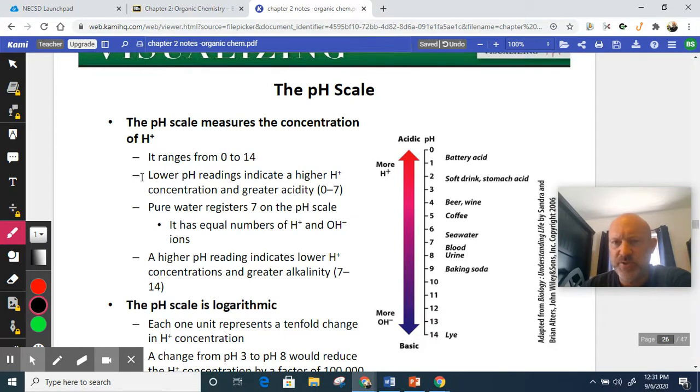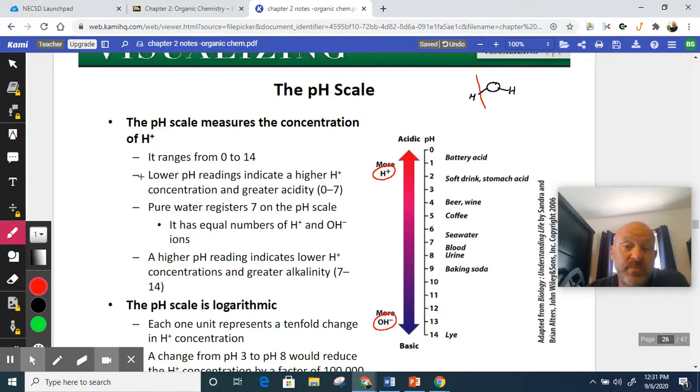Now, pH kind of has something to do with water, right? So if we look at a water molecule, we have an oxygen, we have a hydrogen, we have another hydrogen over here. If we were able to break this apart, let's say we broke it here, what would we be left with? Well, we would be left with a hydrogen atom and a hydroxide atom, like this one.